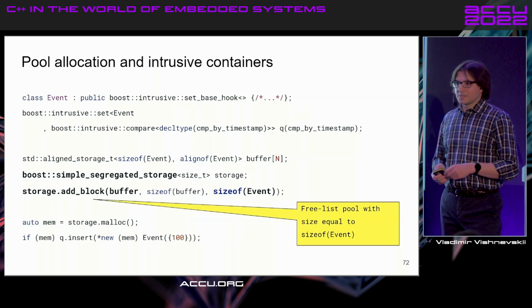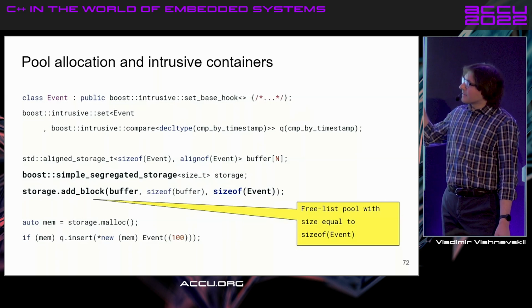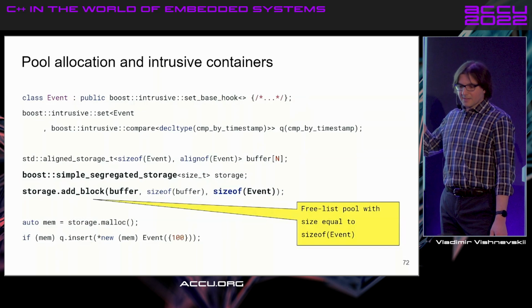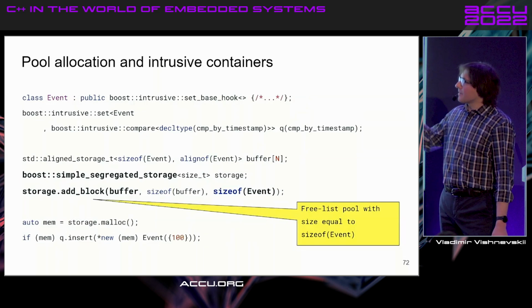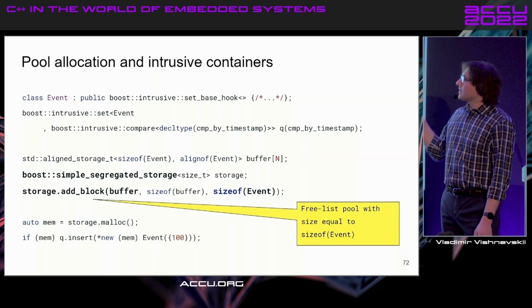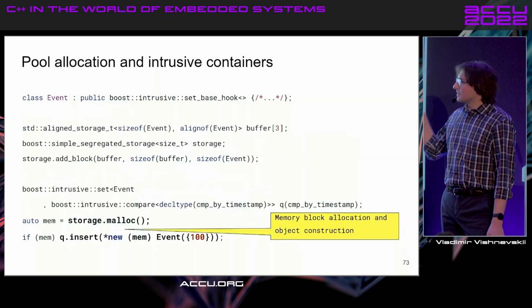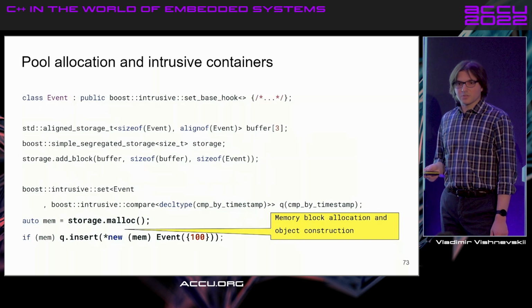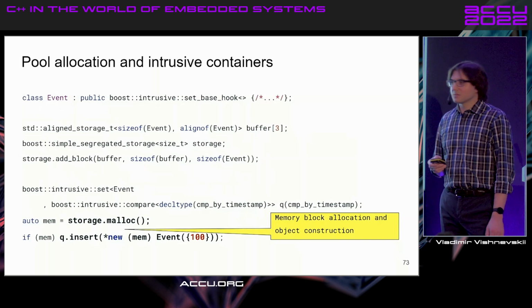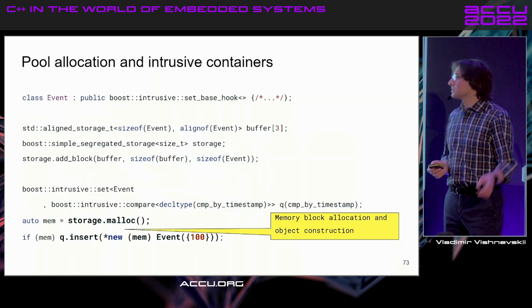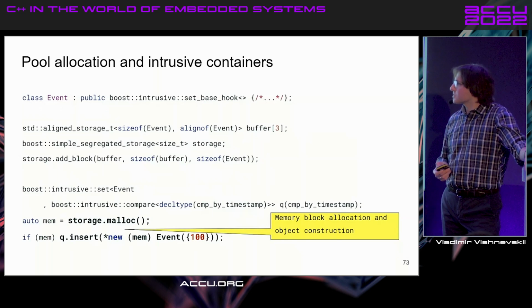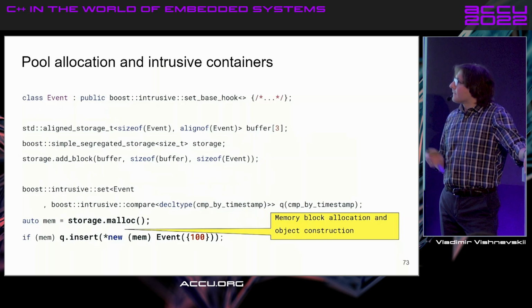This will allow us to allocate the memory for an object, have everything already prepared, and just add it into the container without any extra allocation. This is an optimization relevant not only for embedded, but also for real-time applications, just for desktop or server applications.